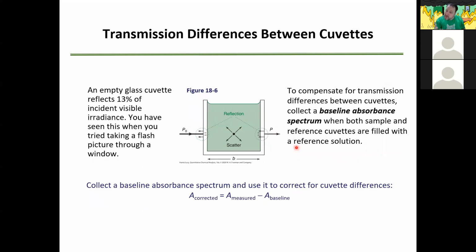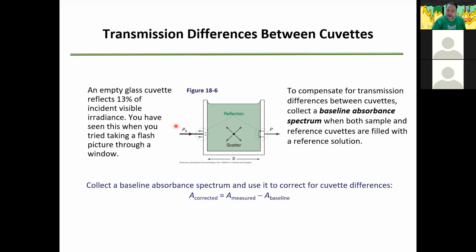Right, so you can have transmission differences between cuvettes. An empty glass cuvette reflects about 13% of your visible incoming light. If you ever try to take a flash photo through a window, you're seeing that light bounce off. To compensate for the differences, you're going to do baseline absorption. You also have positioning error with your cuvettes, right?